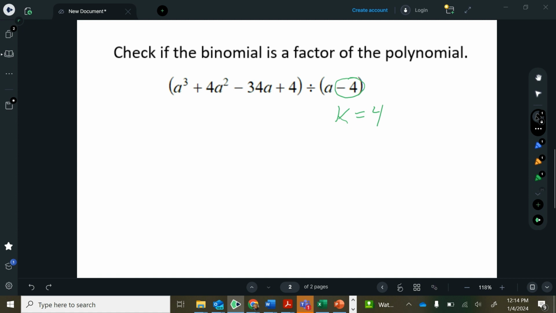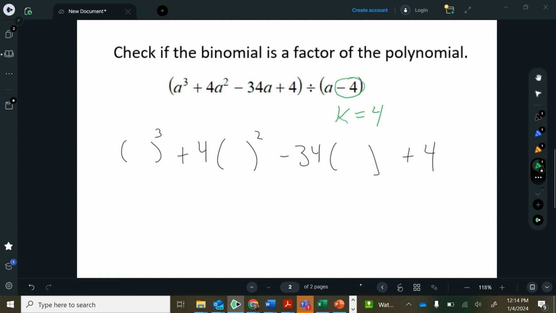So let me write this guy out, a cubed, but I'm going to replace the a with parentheses. Remember, we're going to plug in here. So a cubed plus 4a squared minus 34a plus 4. Okay, we want to see what this is equal to when we plug in a 4.